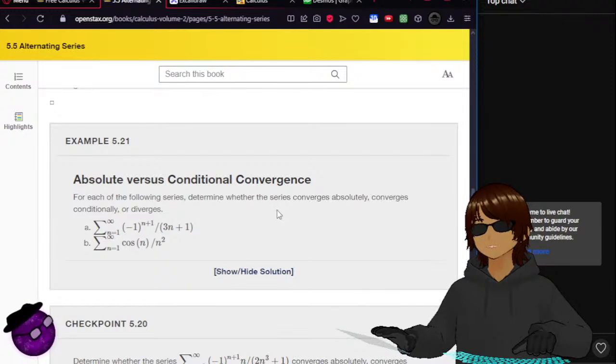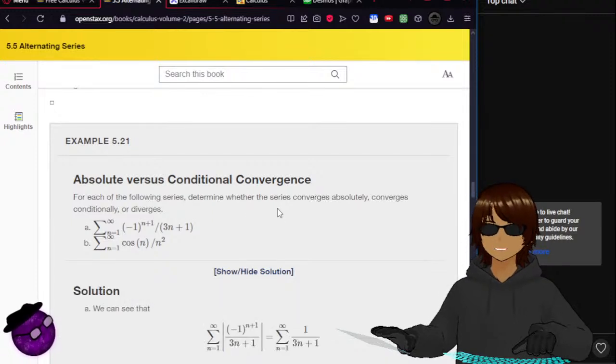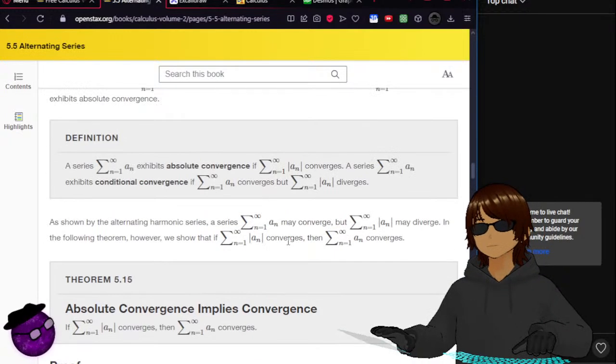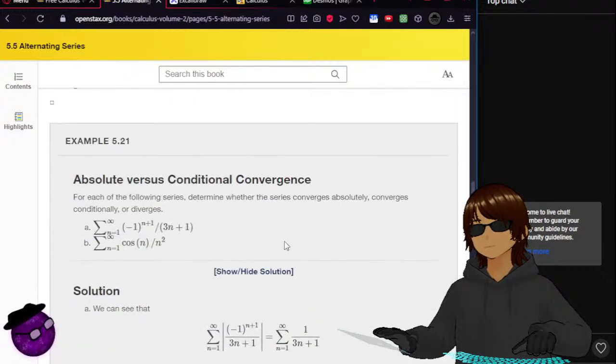Determine whether the series converges absolutely, converges conditionally, or diverges. This is an alternating series. 1 over 3n plus 1. If n goes to infinity, it diverges, right?